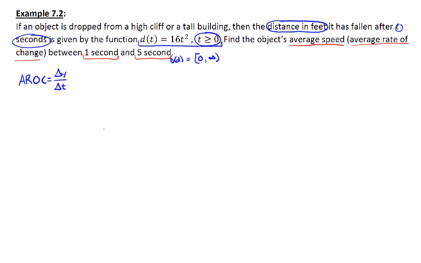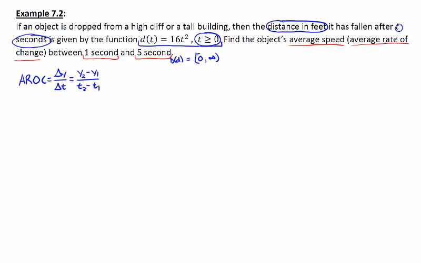But I can still say that the numerator is going to be delta y. So from the slope formula perspective, this would be the same as saying y2 minus y1 divided by t2 minus t1. Then I would have to decide what the values for t1, t2, y1, and y2 are going to be.